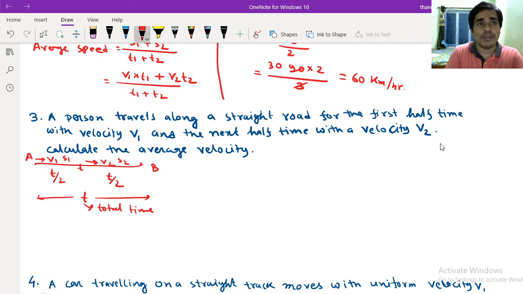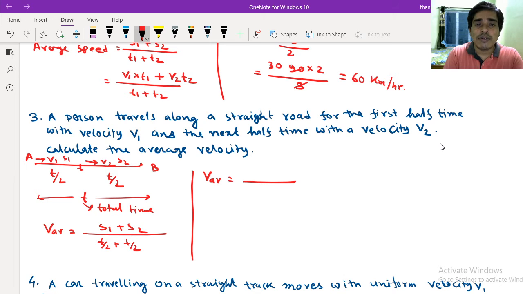V average will be total distance, that means s1 plus s2, divided by total time, that means t by 2 plus t by 2. So v average will be s1, that means v into t, here v is v1 and t is t by 2, plus v2 into t by 2, and here total is t.